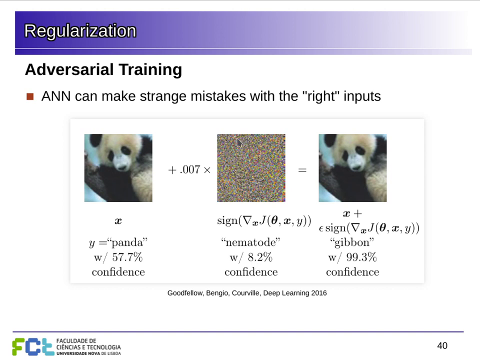But the pixels here are actually chosen to be equal to the sign of the derivative of the loss function with respect to each input. So they are aimed at where the loss function has its gradient. If you add a very small percentage of this to the panda, even when we look at it, we don't see any difference, because we are only adding 7 thousandths of these values to the image.